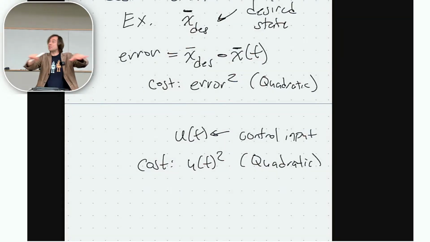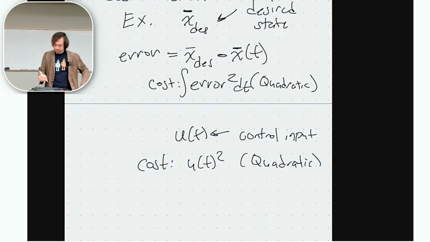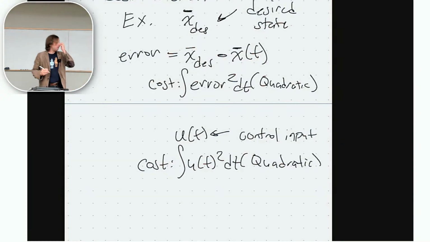If it's always at 0, there's no area under that curve, right? That's good. If it's a big number for a while, and then comes to 0, there's all that area under the curve that's bad, right? Integral with respect to time. You have a quadratic running cost.